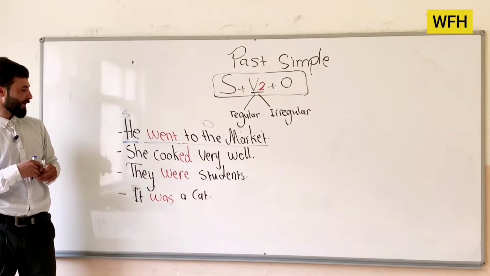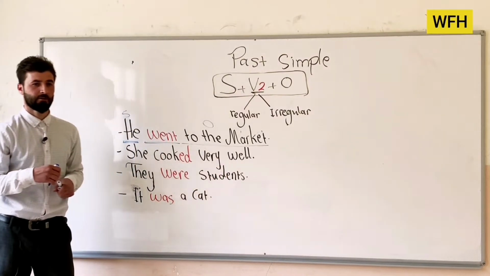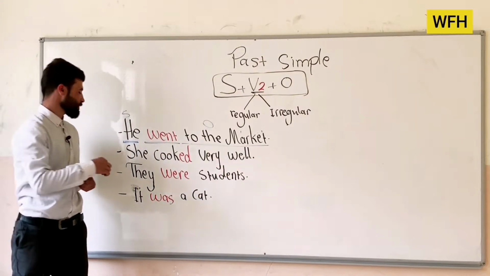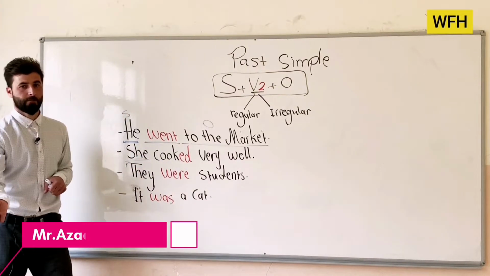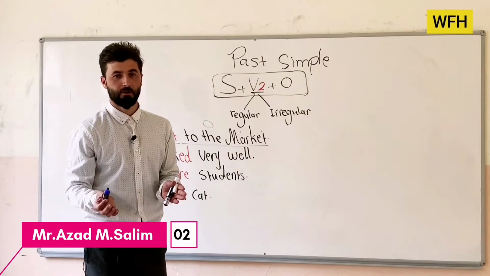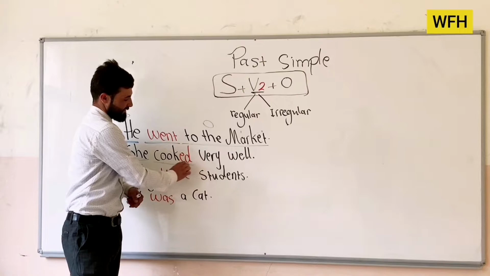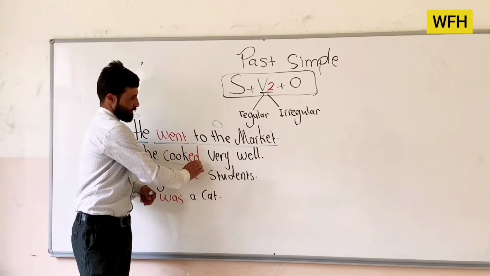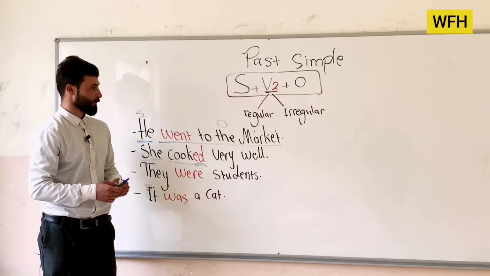In another example, we have: She cooked very well. She is the subject, and cook is the main verb, but you see we have ed. It's a regular verb.